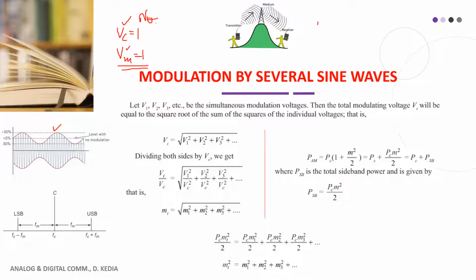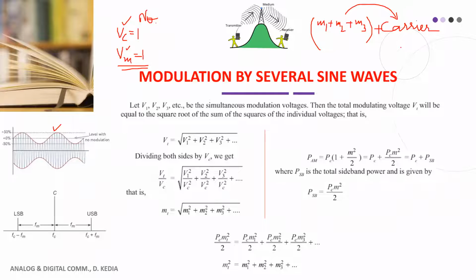That means I want to transmit modulating signal 1, modulating signal 2, and modulating signal 3, and I want to modulate a carrier using these three modulating signals.